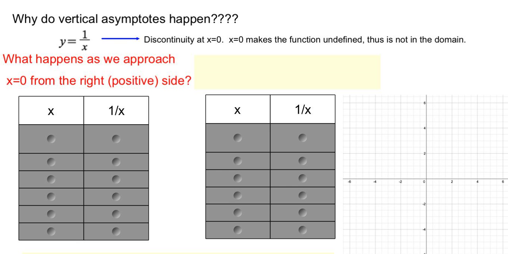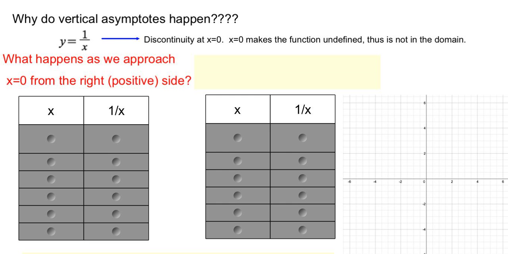At x equals 0, that's our y-axis right here. So we're going to look at what happens as we get closer and closer to that over here on the positive side.